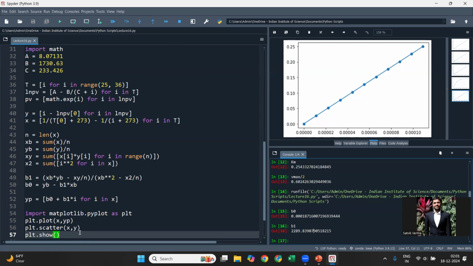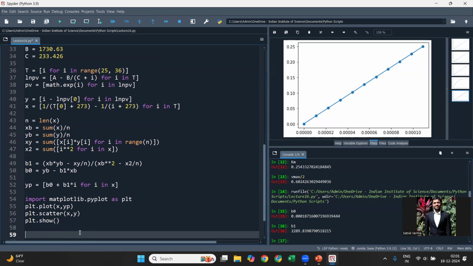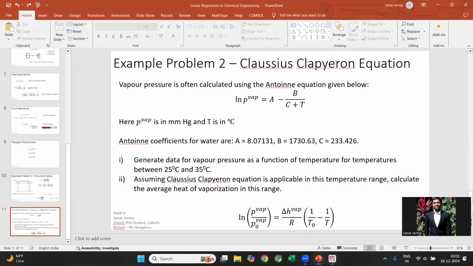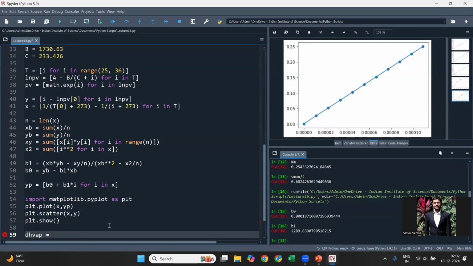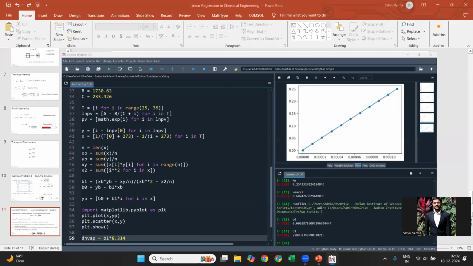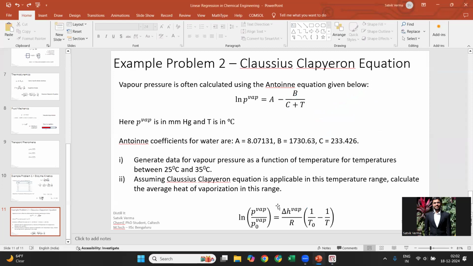So this is very useful for us. And now let's just calculate delta H vaporization. So dH vaporization is beta 1 times, so delta H by R was beta 1. So dH vaporization would be beta 1 times R, which is 8.314. And the unit of dH vaporization, because if you see, this is dimensionless, right? And this is in the dimensions of 1 by Kelvin.